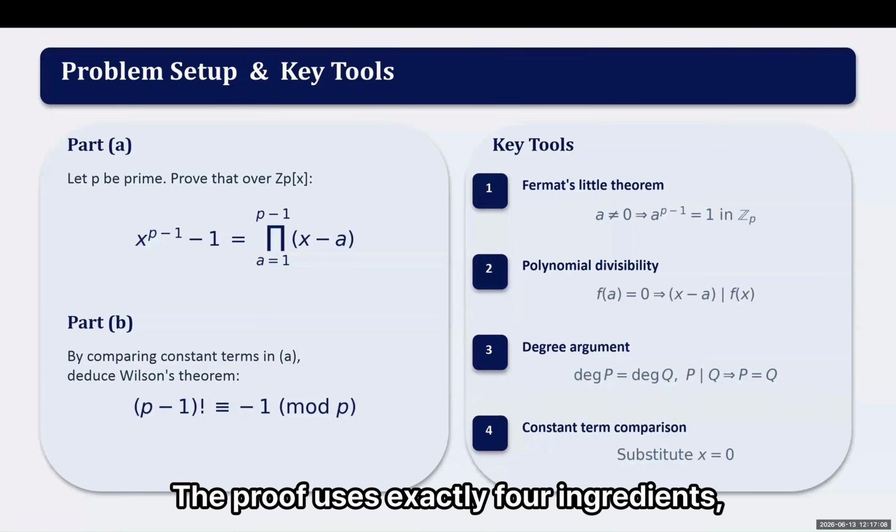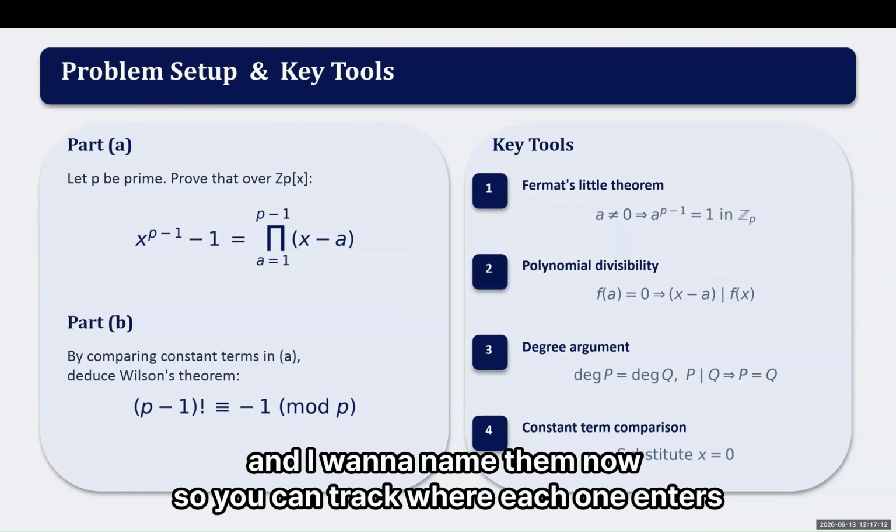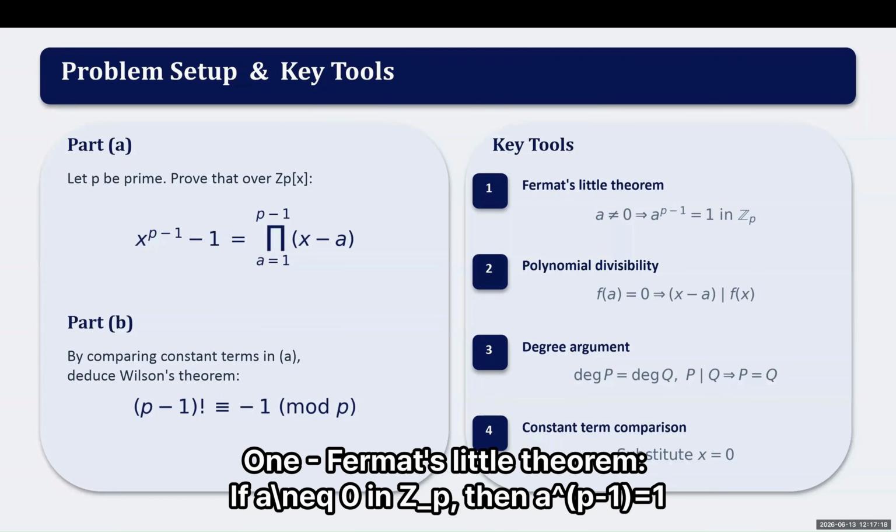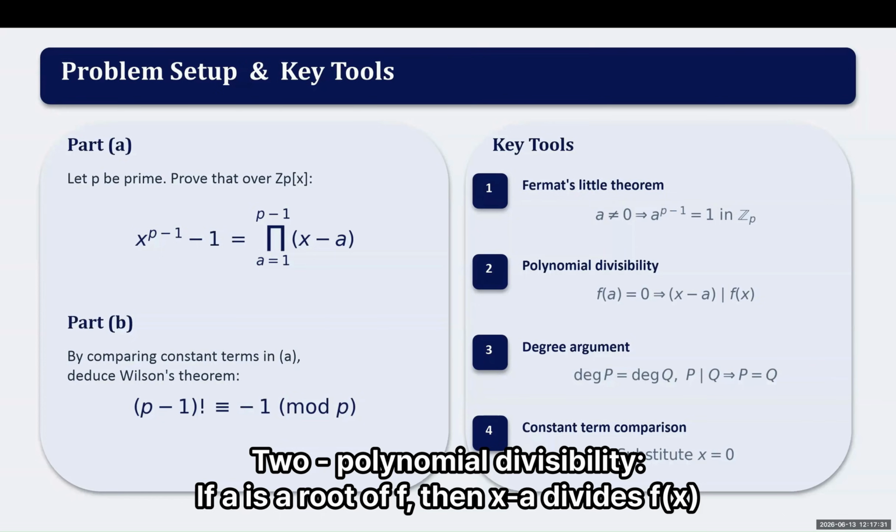The proof uses exactly 4 ingredients, and I want to name them now so you can track where each one entered. 1. Fermat's little theorem. If a is not equal to 0 in F_p, then a^(p-1) is equal to 1. 2.